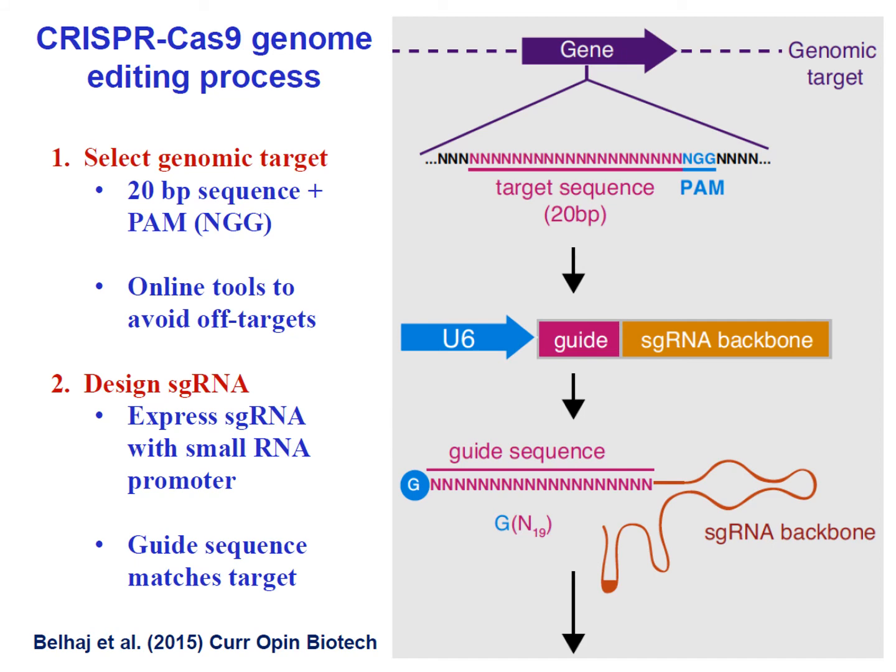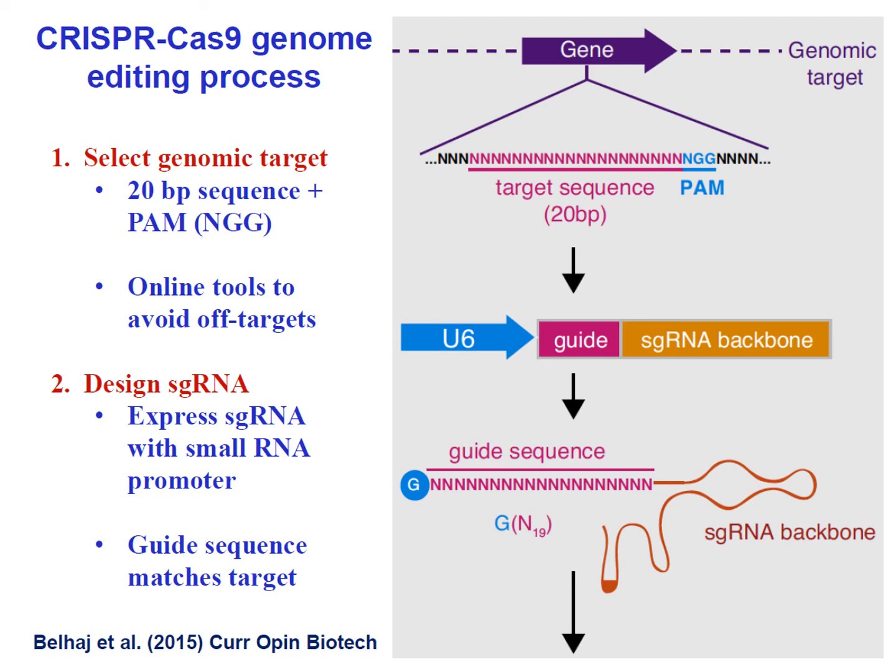CRISPR-Cas9 genome editing process: first, select a genomic target, a 20 base pair sequence followed by the PAM, and use an online tool to minimize off-targeting. Second, design guide RNAs. Guide RNAs are expressed using a small RNA promoter such as U6 promoter or U3 promoter.